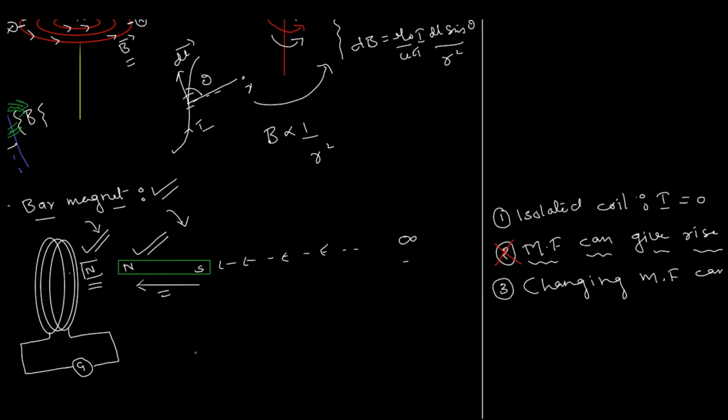Instead of a coil, if I had just a straight wire, no current or whatsoever in this, and then I start bringing a bar magnet closer to it, with of course the north pole facing it, and the south pole away from it. Instead of a coil, if I simply have a wire, then there will be no current in this.